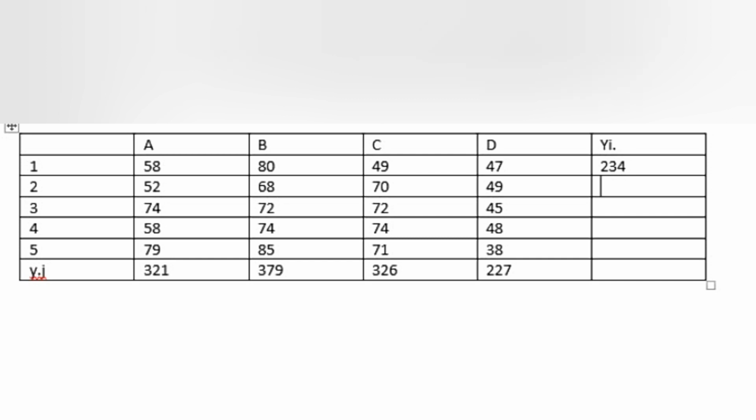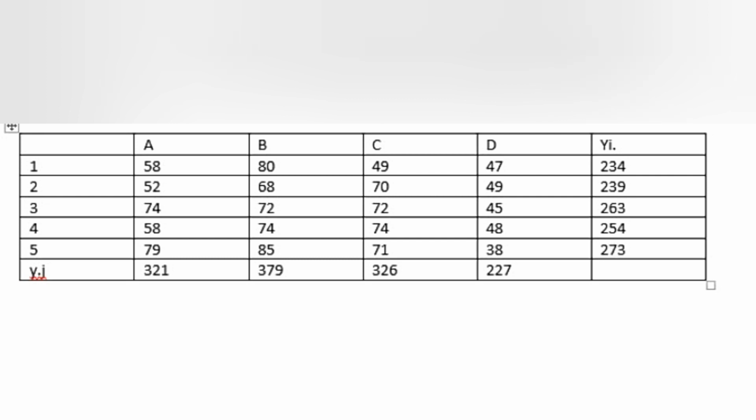You sum the second row, you are going to have 239. You sum the third row, we are going to have 263. If you sum the fourth row, you are going to have 254. And if you sum this last row here, you are going to have 273.